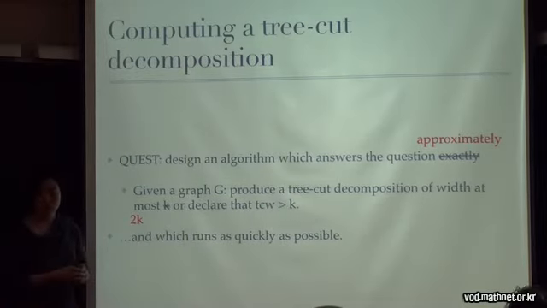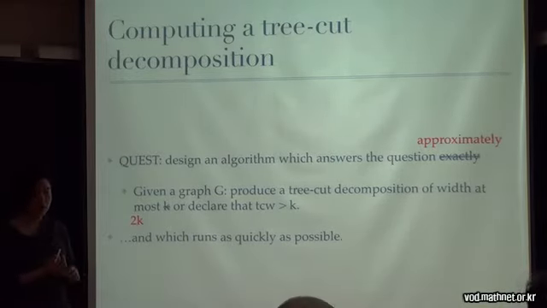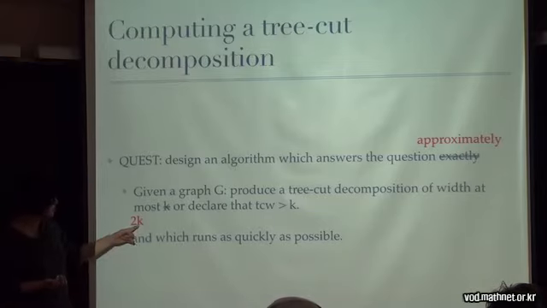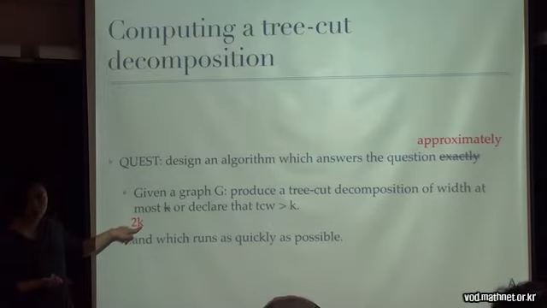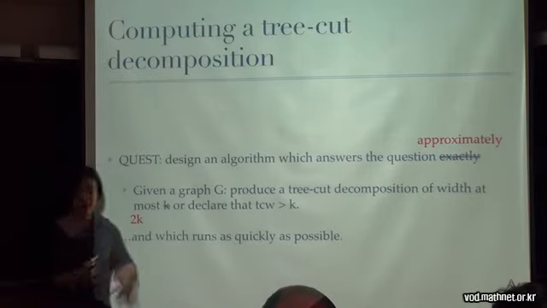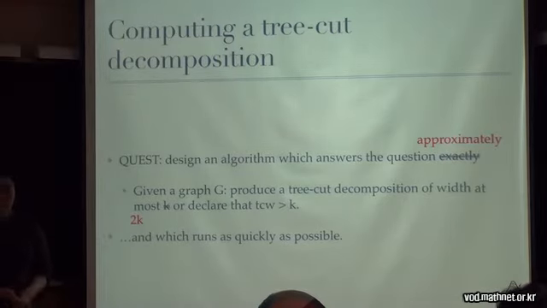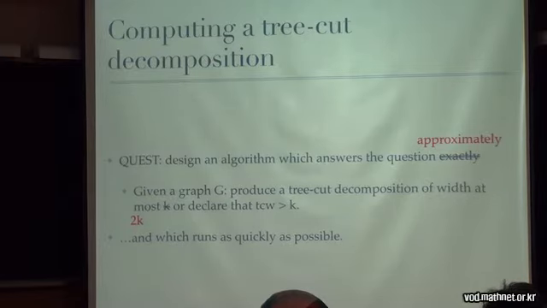If the tree-cut width is like 1.5k, then depending on how the algorithm works, it may produce a decomposition of width at most 2k, or it may just say no. Both things can happen. Because of this fuzziness, it's an approximate algorithm. But this algorithm guarantees that if the tree-cut width is smaller than k, then surely you will get a decomposition of width at most 2k.